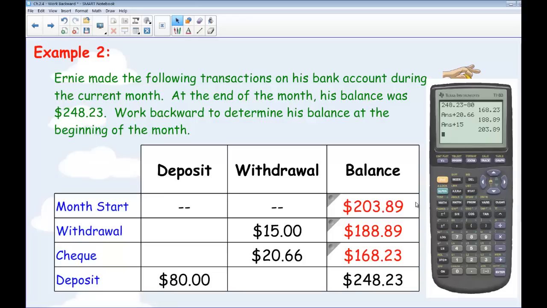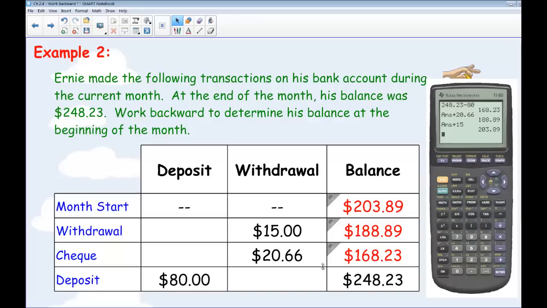If we just double check our answer, all we have to do is think this way. If we started off with $203.89, I subtract this $15, it brings me to the $188.89 balance. I then withdraw another $20.66, which means I subtract that amount, brings me to $168.23.